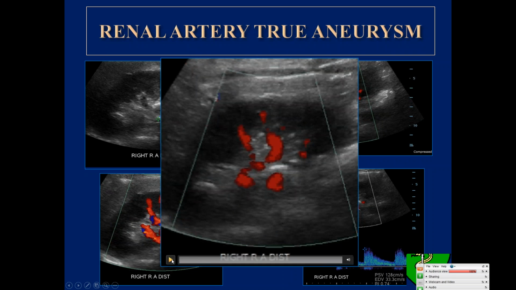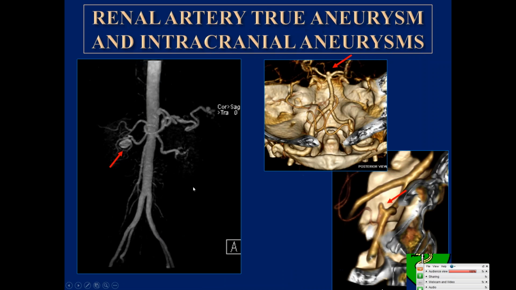And in this patient, I don't know why it's not playing, but it was showing that there was an aneurysm at the hilum, and the patient also had an aneurysm somewhere else on the other kidney, more distally, and this patient also had aneurysms intracranially at the basilar confluence, as well as at the communicating artery.